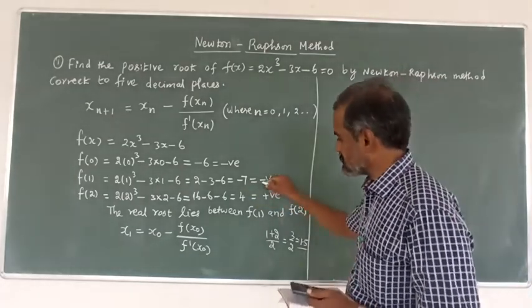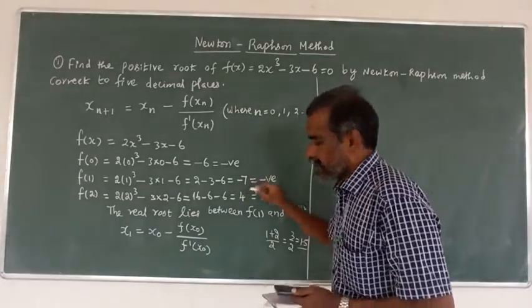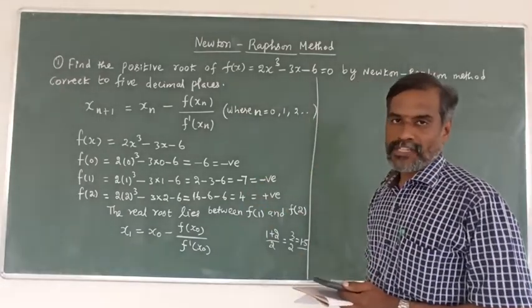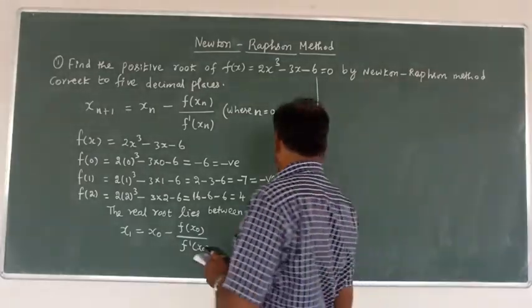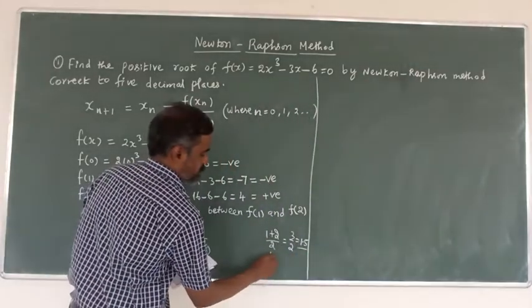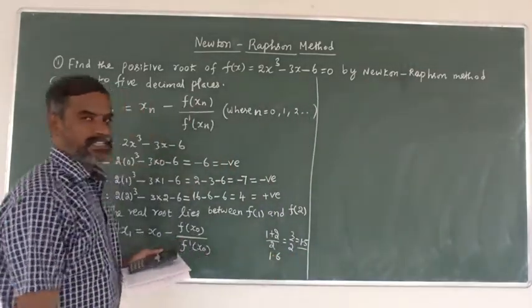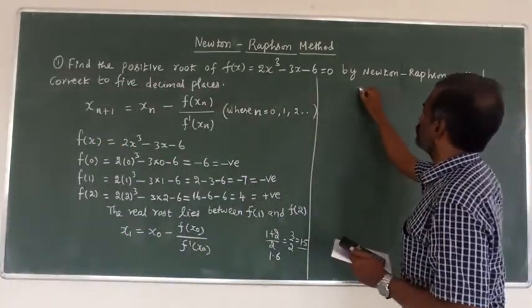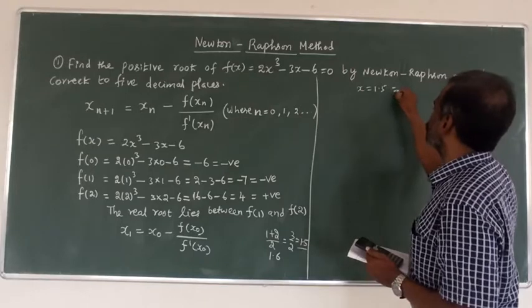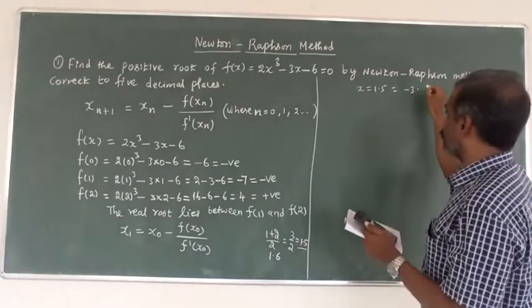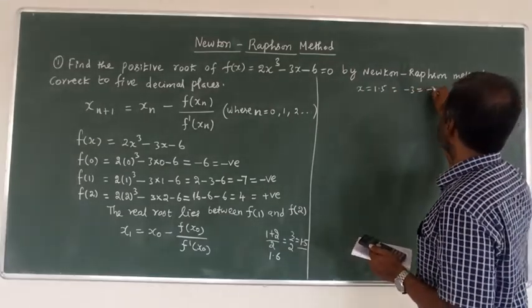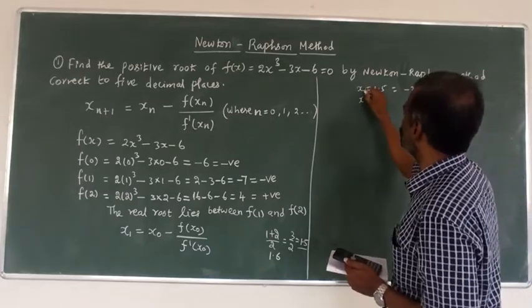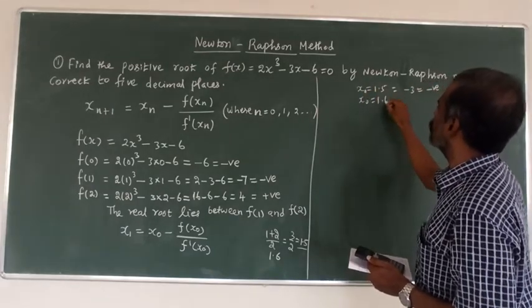It is not near a positive result, so we increase the x naught value to 1.6. For 1.5 we got minus 3 point something, a negative result. So take x naught value 1.6.